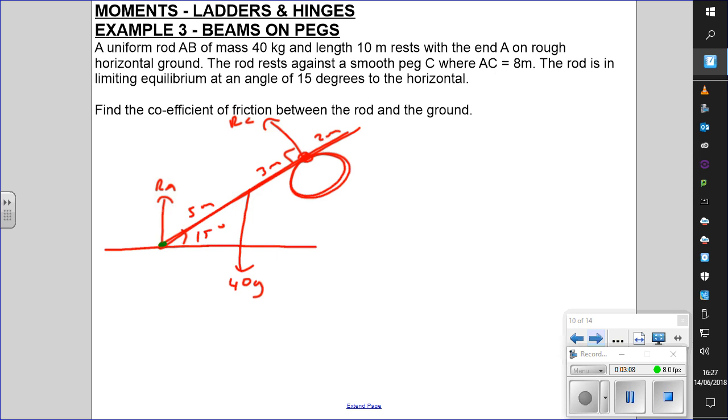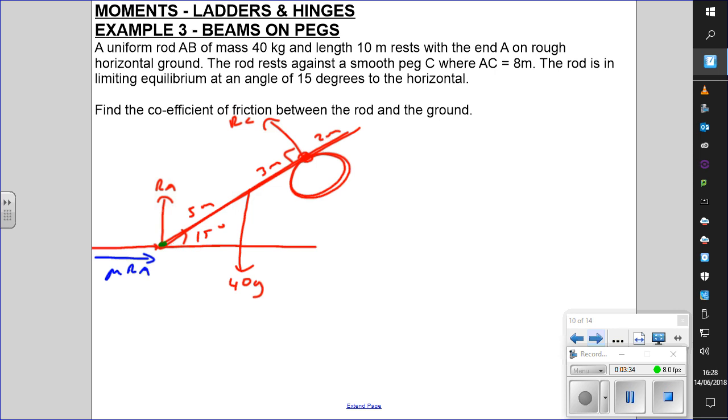I really would not recommend putting forces like that in line with the floor. You will forget them. Draw the floor and then draw in a separate color some force. There's your frictional force there. It's got to be opposing it, doesn't it? Because it wants to slide out to the left. So something's got to oppose it. And it wants us to find the coefficient of friction. So this is mu RA across here.